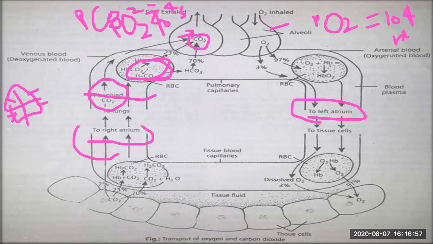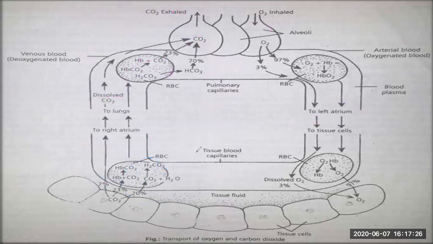Now here, regarding the CO2 molecules, we know the exact information. Listen, 70% is transported in the form of bicarbonate ion, and 23% binds with the hemoglobin molecules, meaning through the RBC, and 7% dissolves in the blood plasma.